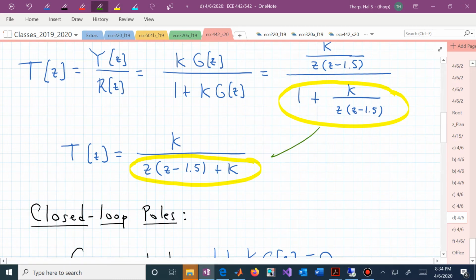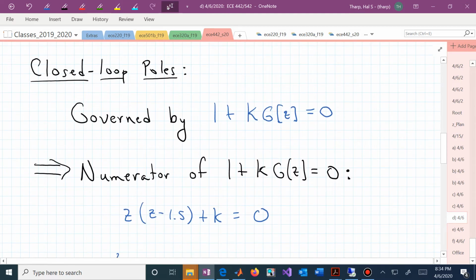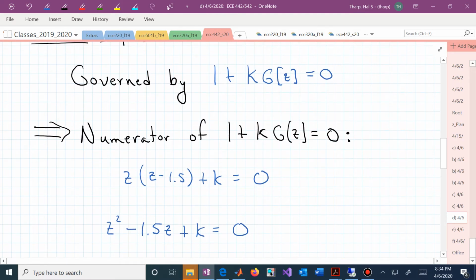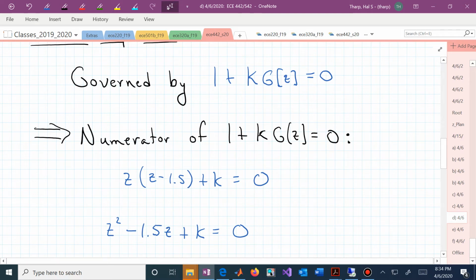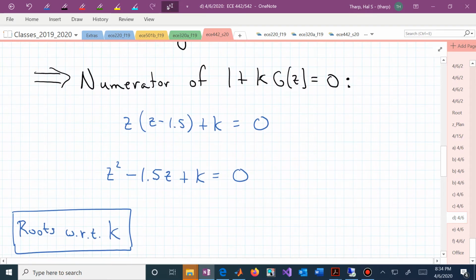So the numerator of the denominator is going to give rise to z times z minus 1.5 plus k. That's now distributing the z squared minus 1.5 z plus k. We want to follow the roots of that as k varies from 0 to infinity.